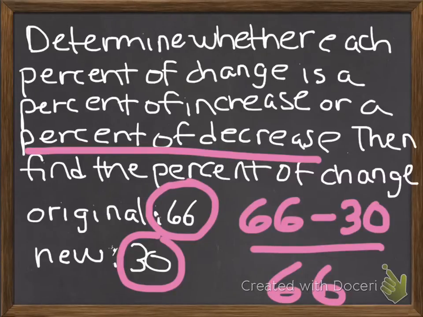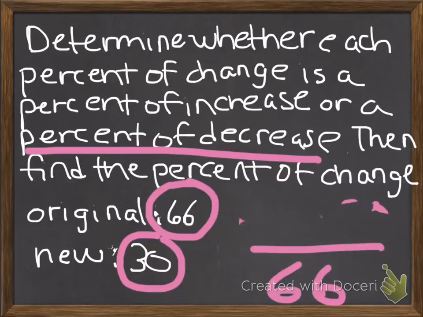Now we need to simplify, and it's asking for percent, so we would need to change our answer to a percent. To do that, we would need to first do 66 minus 30. 66 minus 30 gives us 36. And then I have 36 over 66.